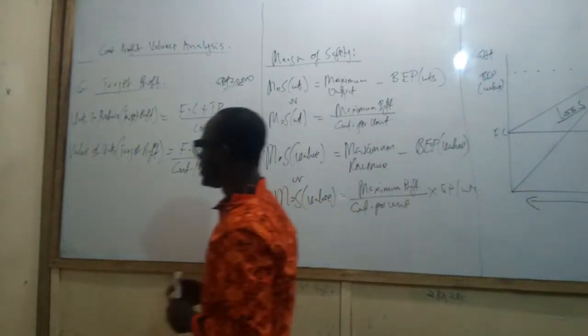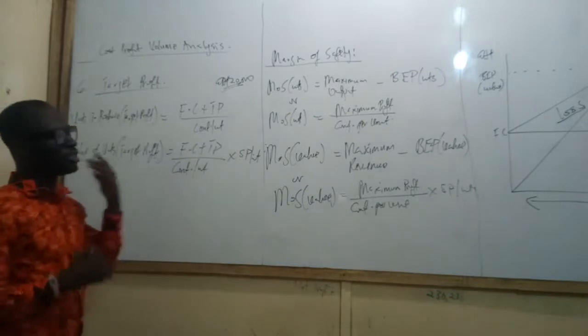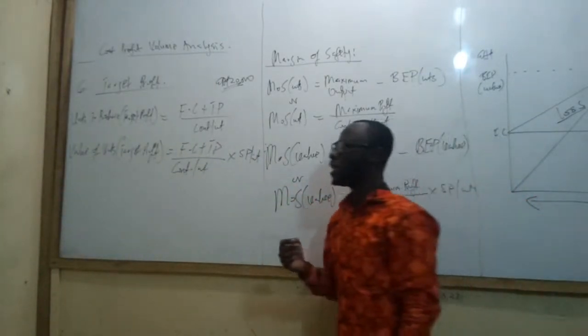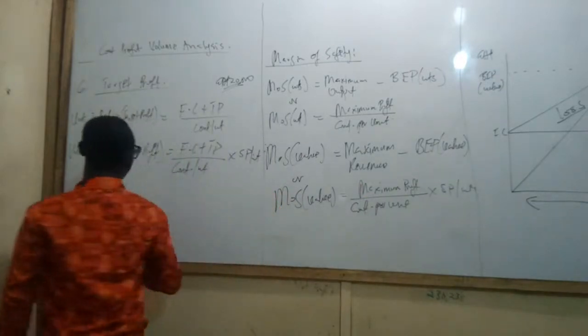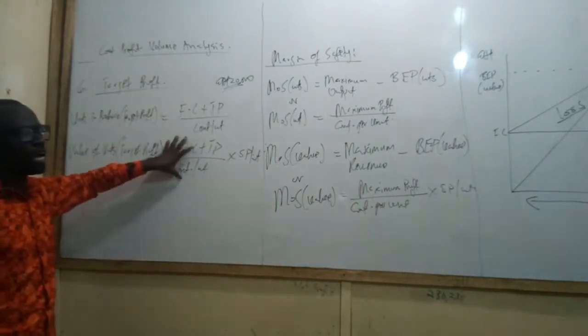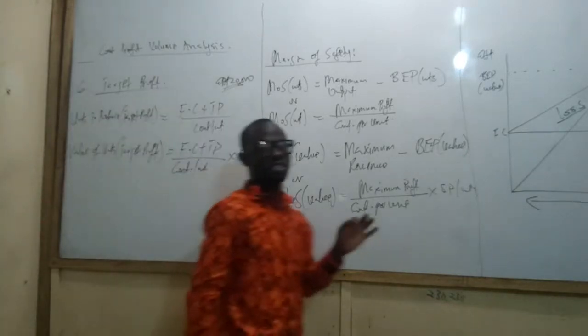So these are the ideas, concepts, principles that guide us in the making of a decision. This will give us the value in units. This will give us the value in currency.